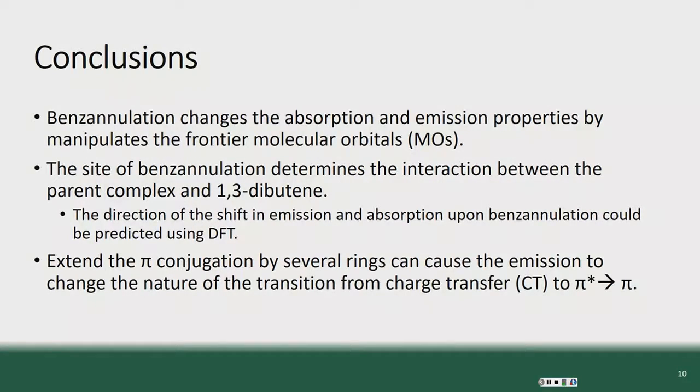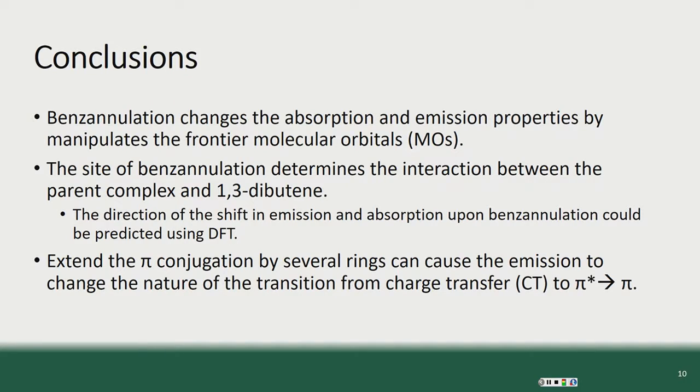With that, I would like to conclude. Benzoynylation, I didn't show absorption much due to the time constraints, but benzoynylation can modify the frontier molecular orbitals, which then in turn modify the absorption and emission. The site of benzoynylation really determines how.